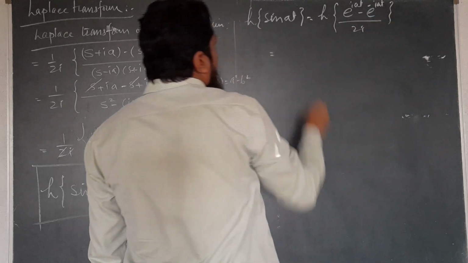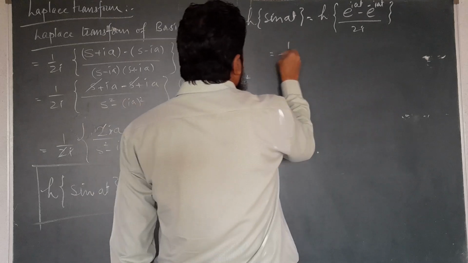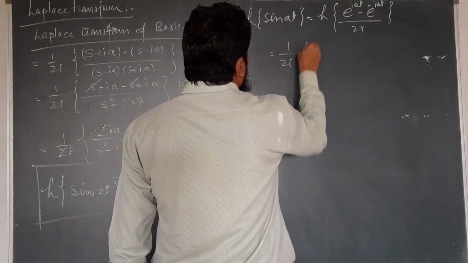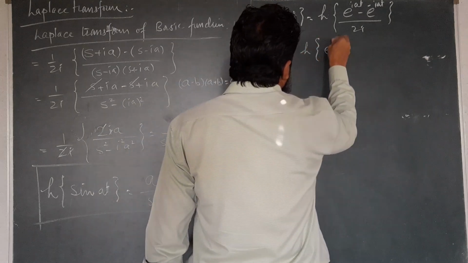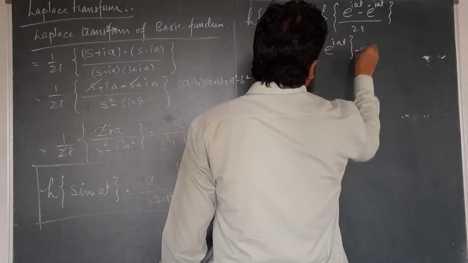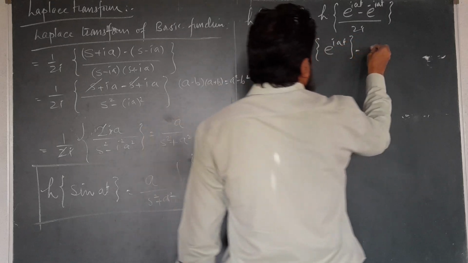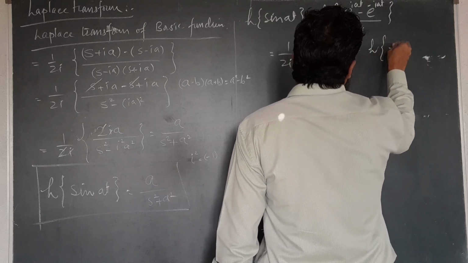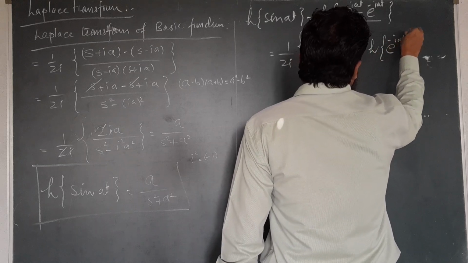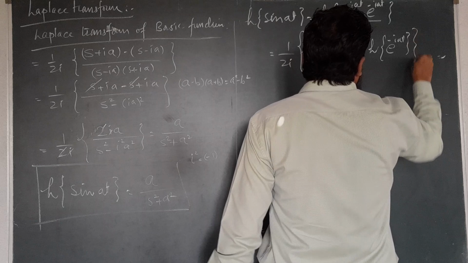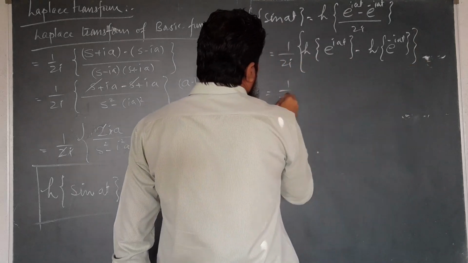And as 2i is a constant, we can take it outside from the Laplace transform. So the Laplace transform of e raised to iat minus the Laplace transform of e raised to minus iat, and if we simplify this, we will get 1 upon 2i.